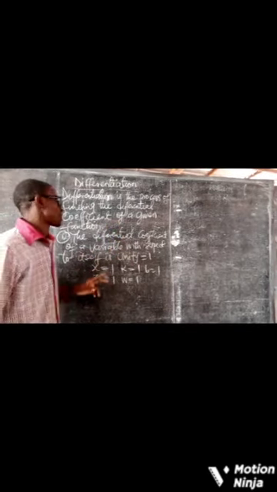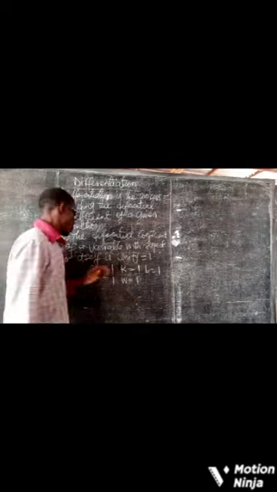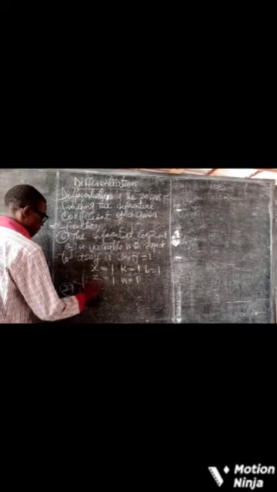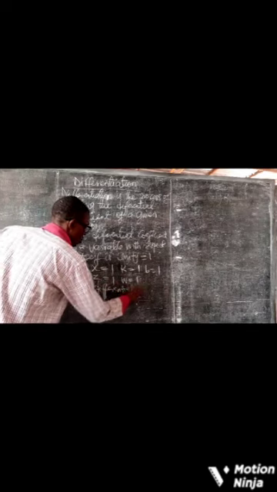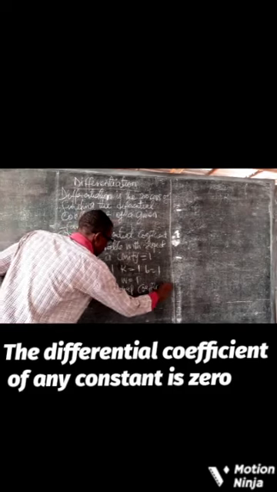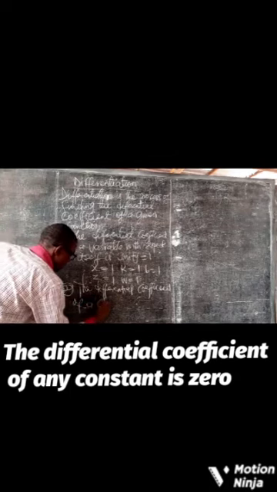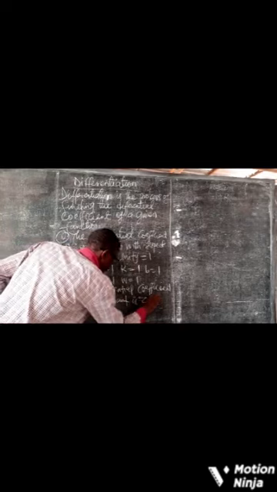That's number one. Then for the second principle, we have to bear this in mind when solving problems in this line. Number two is that the differential coefficient of a constant is 0.